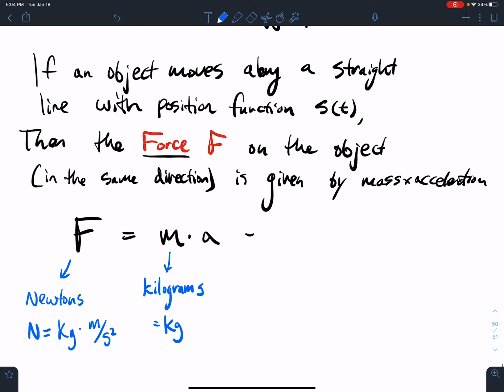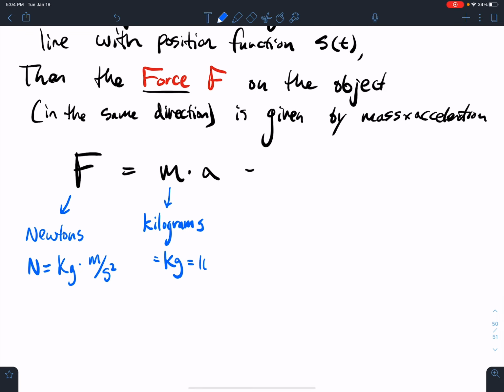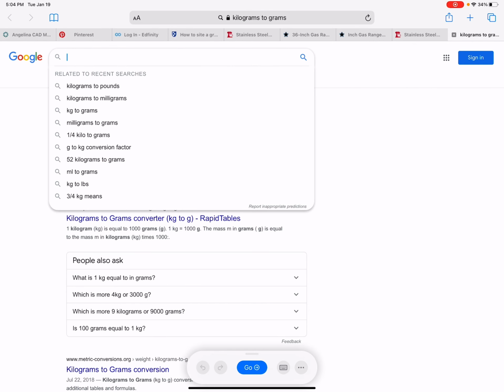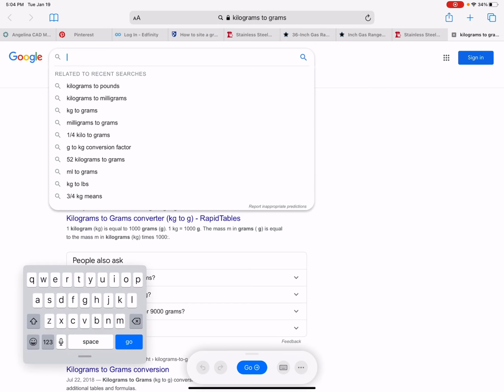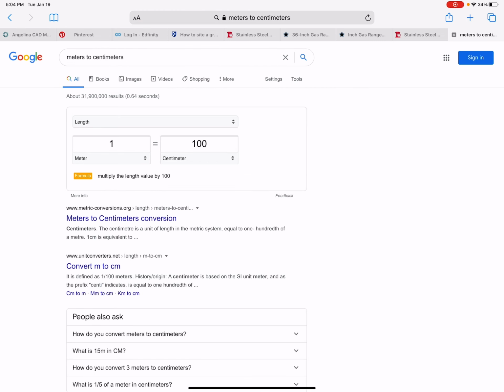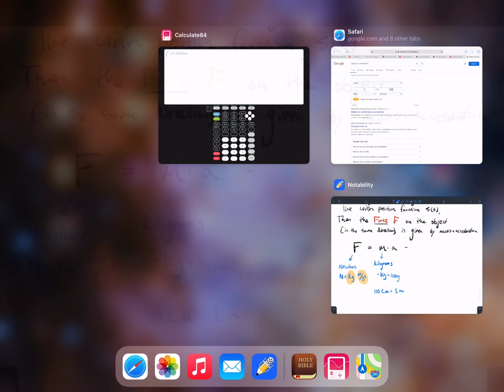This is equal to 1,000 grams. Whatever those conversions are, you need to make sure it's kilograms times meters per second squared. And if they tell you centimeters, then how many centimeters are in a meter? There's 100 centimeters in 1 meter. Meters to centimeters, yep. You just need to make sure that you're converting correctly.